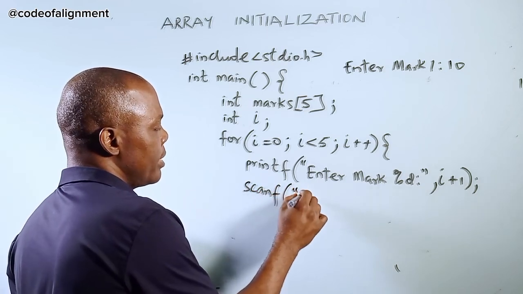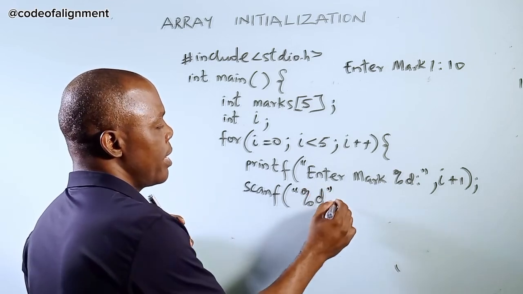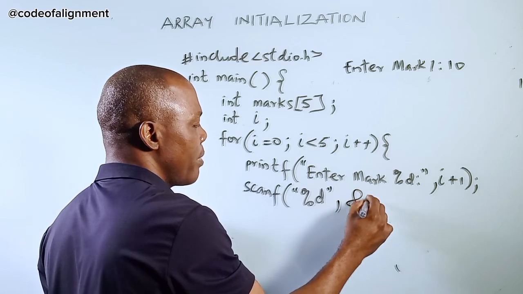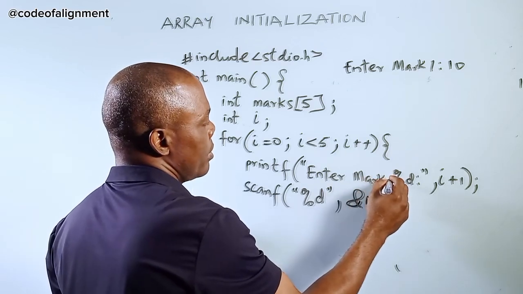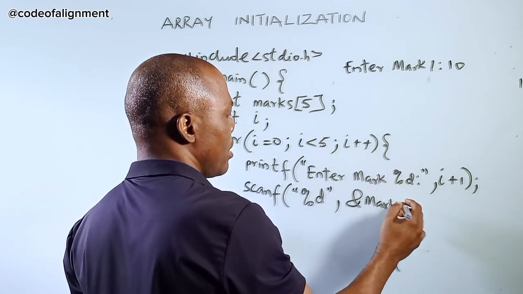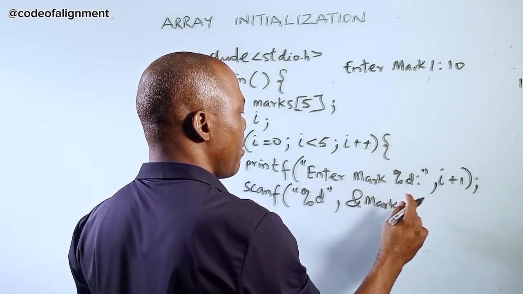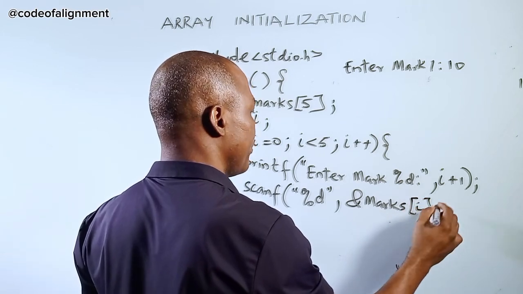Scanf. This scanf %d, this is a format specifier. We take this 10 and store it in the address of max i.